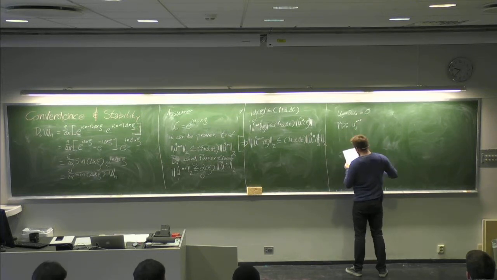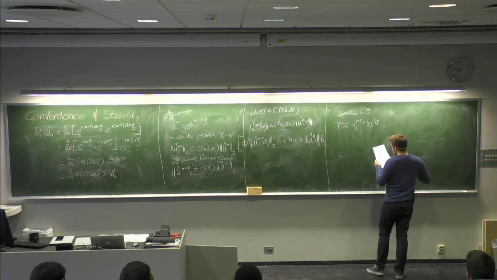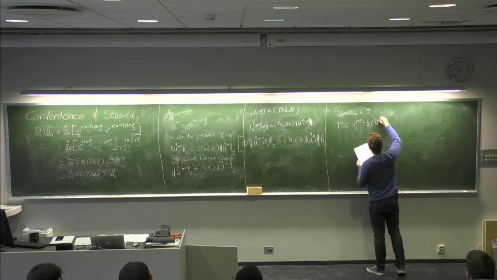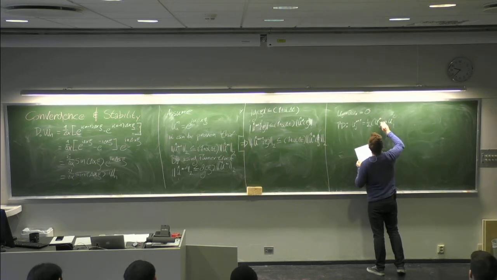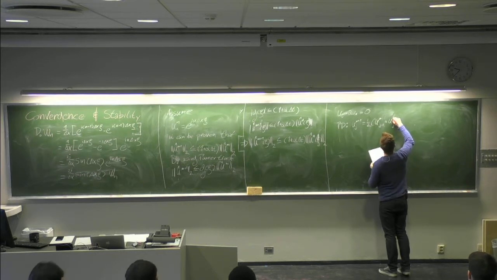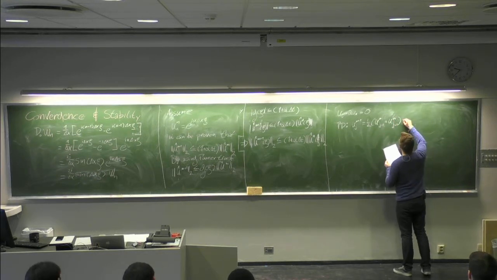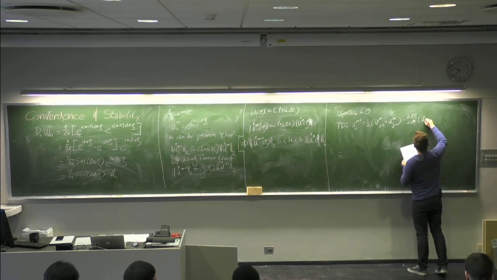I'll use a central difference: U of m, j minus 1, so my notes are wrong, plus 1, no. A delta t over 2 delta x, U of j plus 1, m.